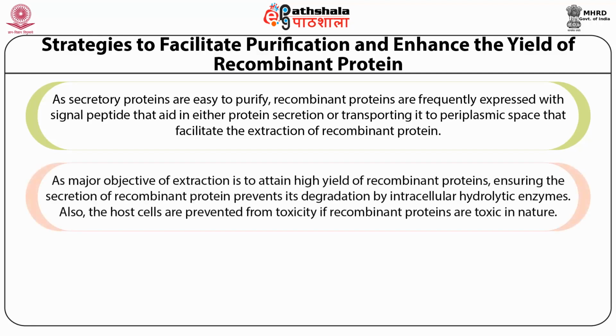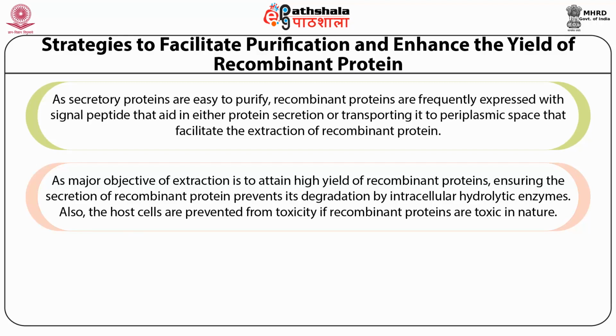As the major objective of the extraction is to attain high yield of recombinant proteins, ensuring the secretion of recombinant protein prevents its degradation by intracellular hydrolytic enzymes. Also, if the recombinant protein is secreted, it protects the host cell from the toxicity of recombinant proteins, as certain proteins are toxic to the host cell.